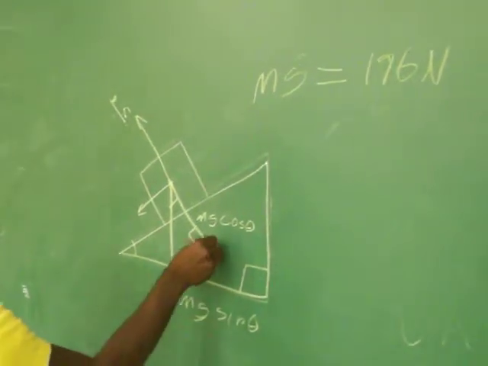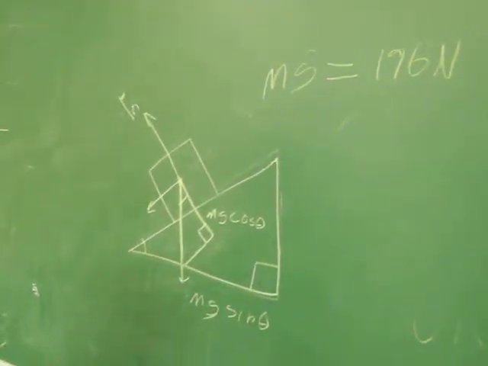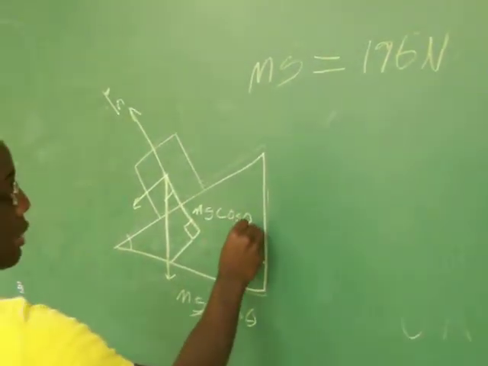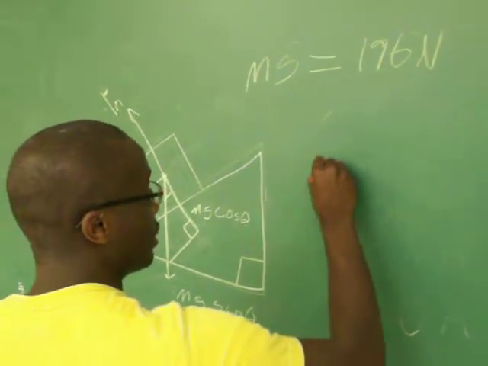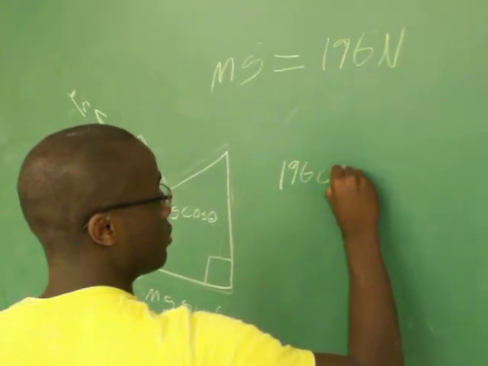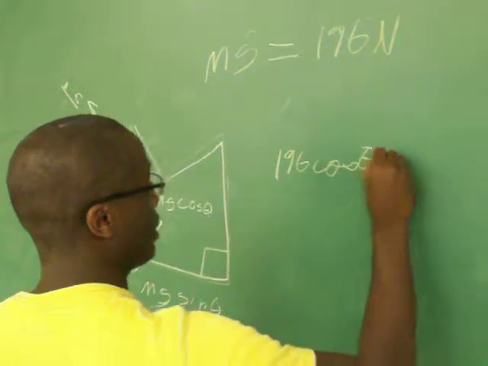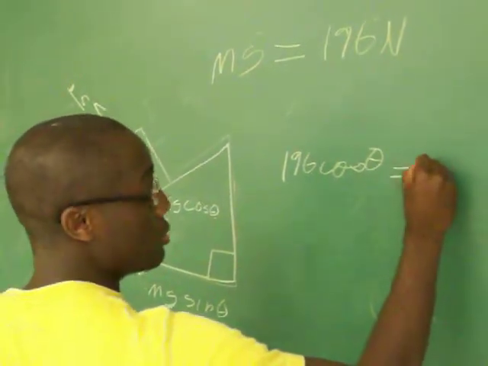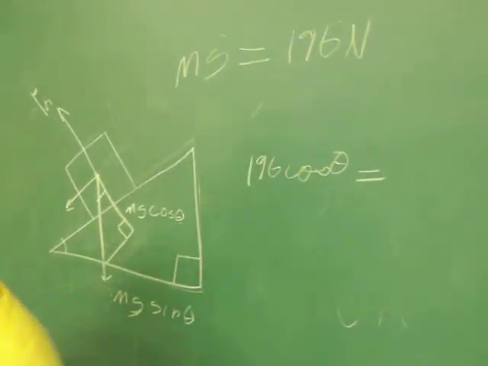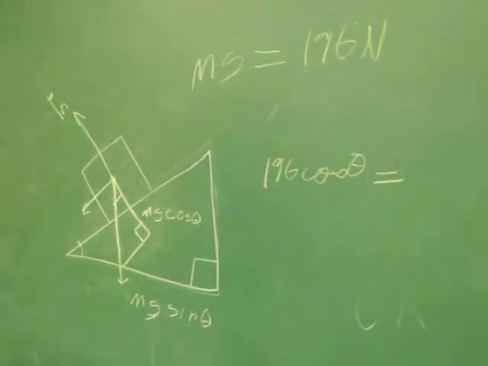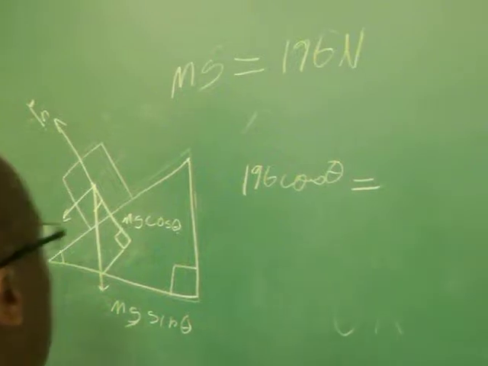Now to get this one, you have to do mg. You take this and multiply it times cosine of theta, which is 196 times cosine of 30 degrees. You said 196, which equals 98.